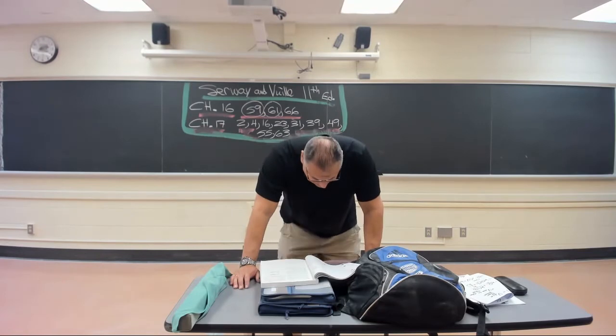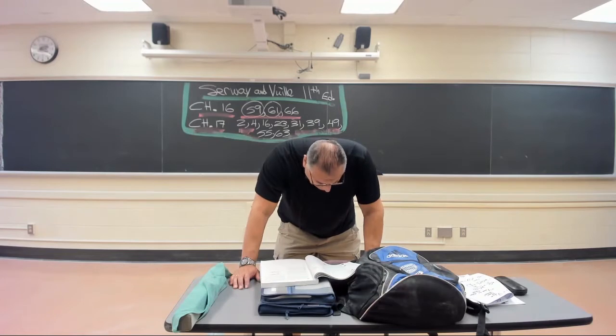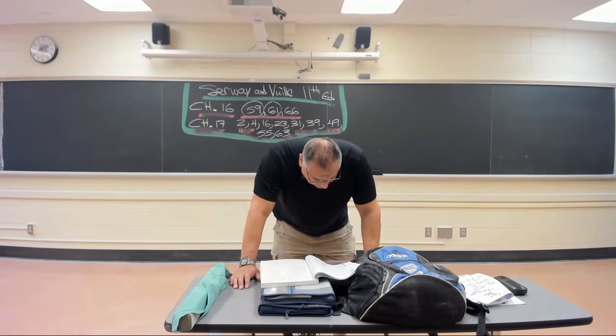Let's do problem number 59 first. I know I'd said 61, and we'll get to it in a second, but for problem number 59, three parallel plate capacitors are constructed, each having the same plate area, capital A, and with C1 having plate spacing D1, C2 having plate spacing D2, and C3 having plate spacing D3.